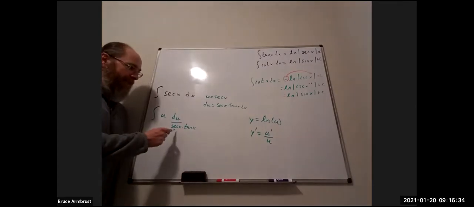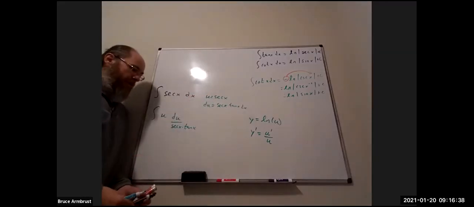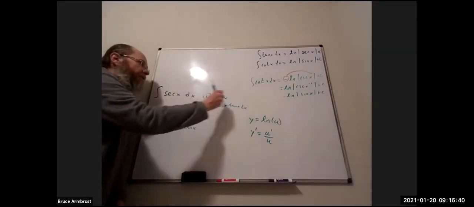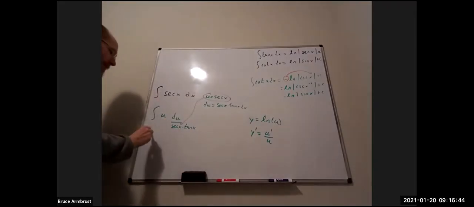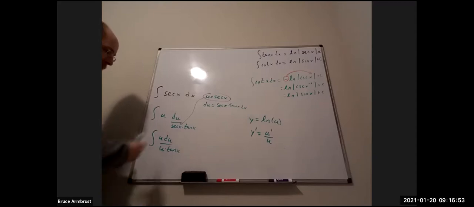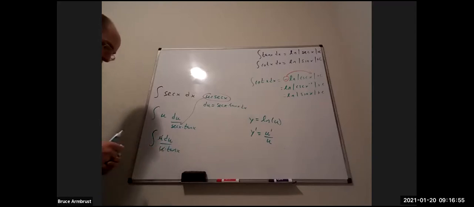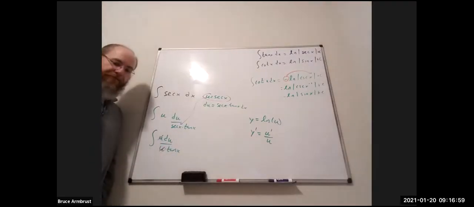Well, at least that secant we can replace with another u, right? Since u is equal to secant, we can put that in there. So we end up with the integral of u du over u times tangent. Well, okay, cool, these u's cancel, but we're still in the same problem where we've got a du and an x.